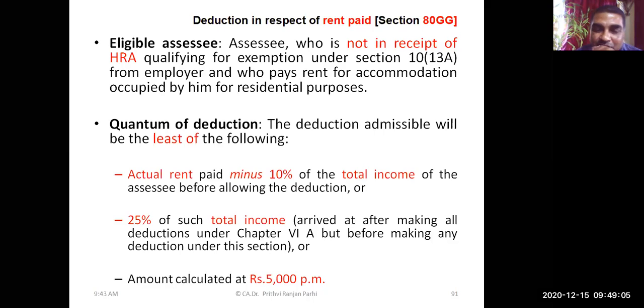So the first limit is 90,000. The second limit is 25% of the total income. What is 25% of the total income? 75,000. That is the second limit. So the first limit is 90,000. The second limit is 75,000. Then the amount calculated at rupees 5,000 per month.